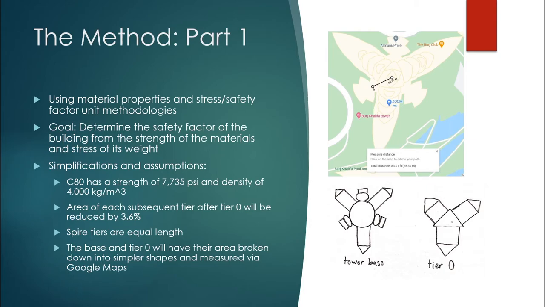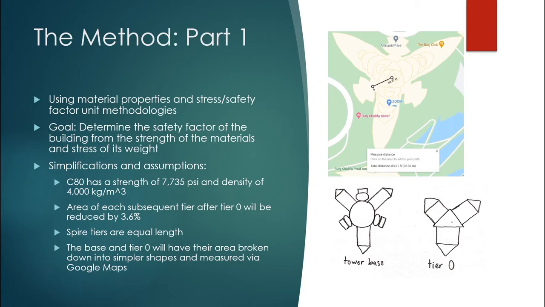And since that's the case, additionally, since this building has a lot of weird shapes throughout it, the base and tier 0 will have to be broken down into simpler shapes to find their areas using the Google Maps distance measure that's pictured on the right, with the area of each layer after tier 0 being reduced by an additional 3.6% just because this yielded an area closest to the real world area of the tip of the building by the end of the calculations.